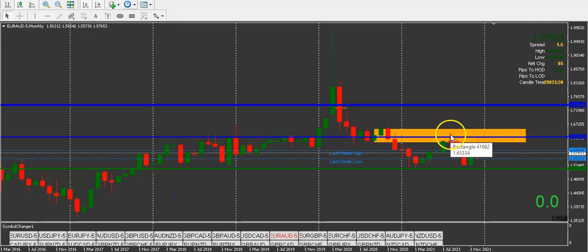After sweeping underneath here, came back up, struck this order block here, and then dropped.